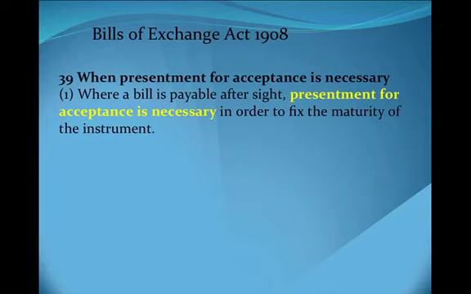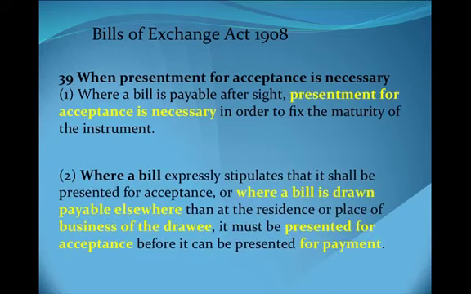Let's have a look a little bit more before we jump into filling out our bill. So the Bills of Exchange Act, Section 39 tells us, when presentment for acceptance is necessary, number 1, where a bill is payable after sight, presentment for acceptance is necessary in order to fix the maturity of the instrument. That means that they have to present it to us.